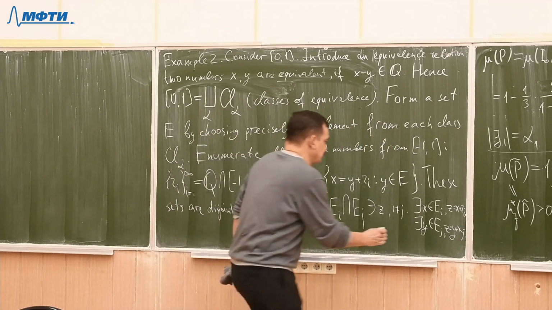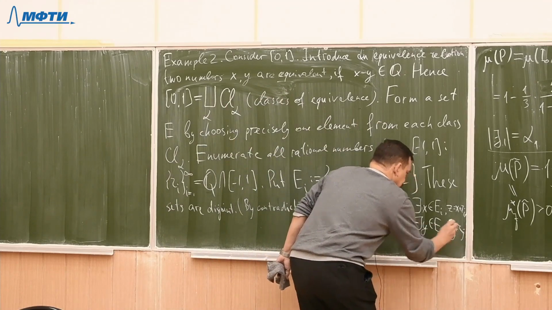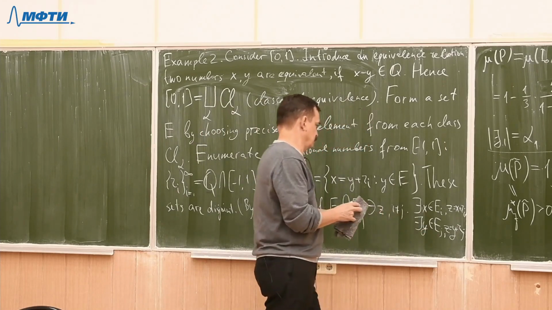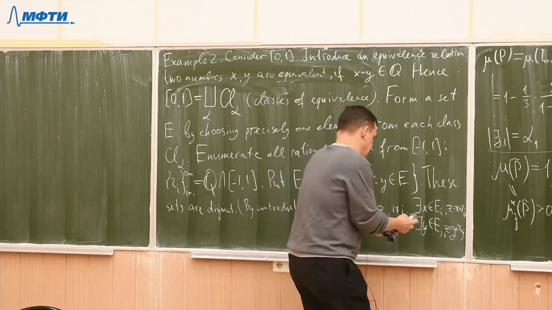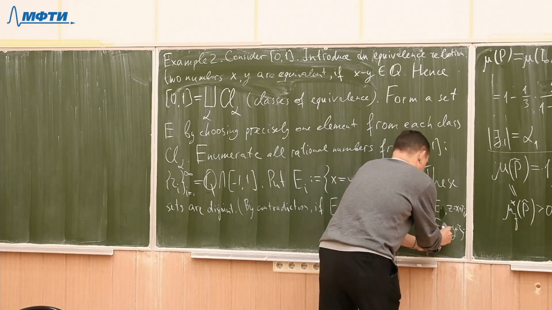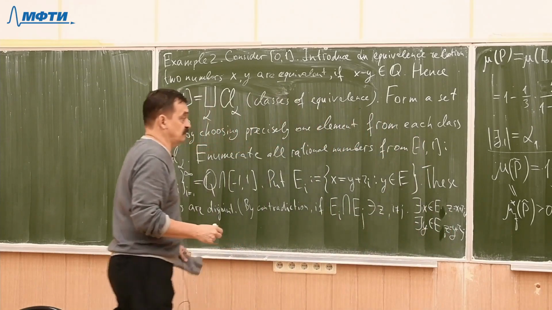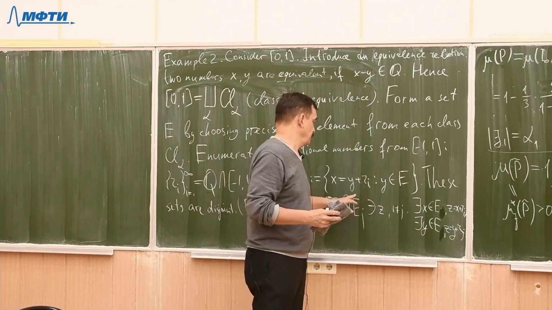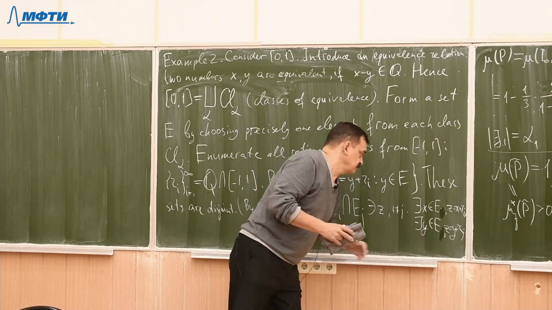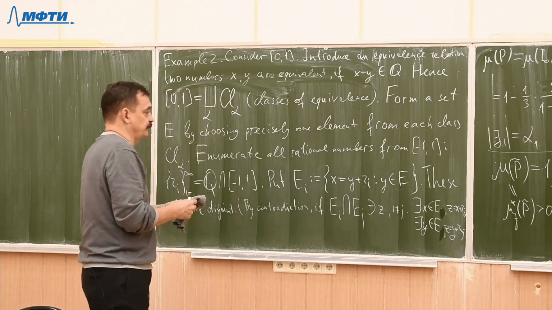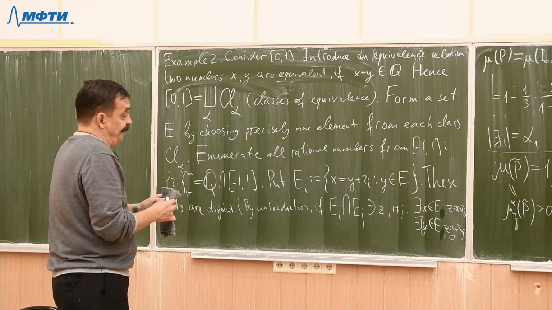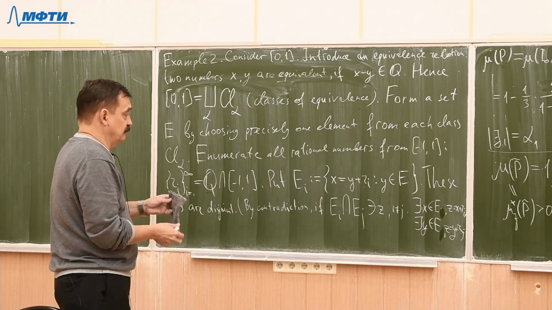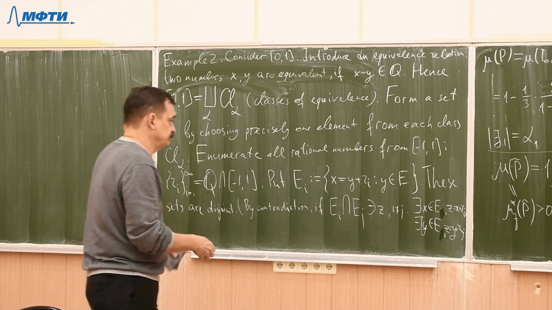Sorry, r_j. So X in E such that Z equals X plus r_i, and Y in E such that Z equals Y plus r_j. Then look what we obtain.